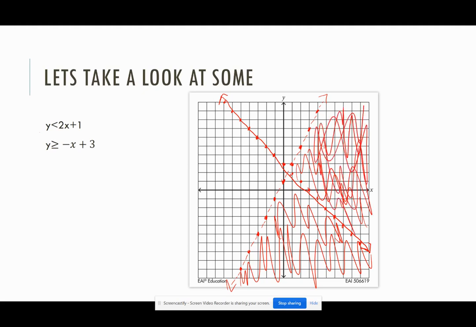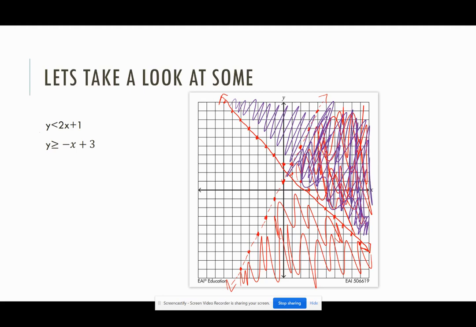Now I'm going to use a different color. I'll use purple. I'm going to plug 0, 0 in. Is 0 greater than 3? No. So my solution is on this side. My final answer for the solution of the system is going to be this part here.